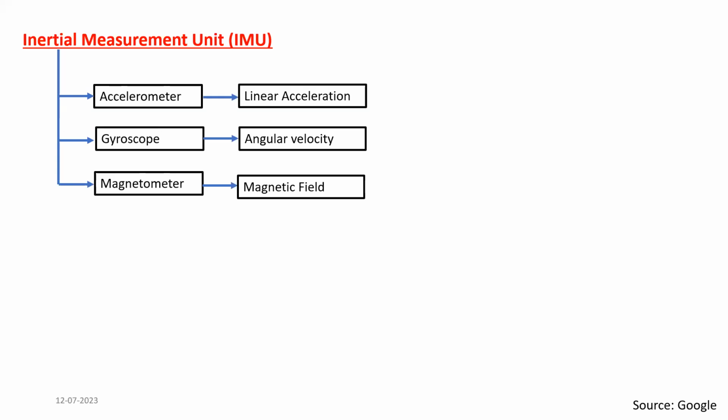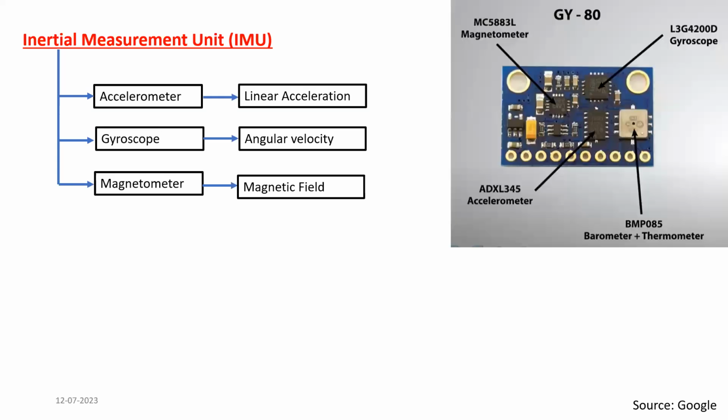It will give linear acceleration in meters per second squared. It will also have a gyroscope, which gives the angular velocity of the body. Sometimes the inertial measurement unit also has a magnetometer. Mostly it will have a magnetometer, but some sensors don't. The magnetometer will give the magnetic field in terms of microtesla or gauss, right?